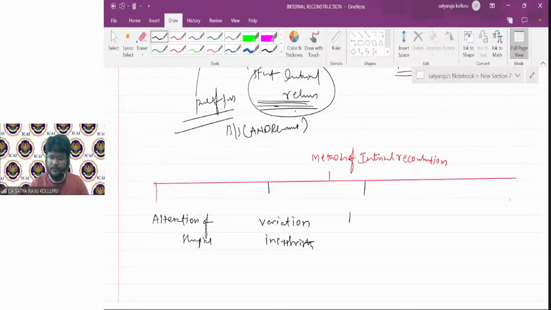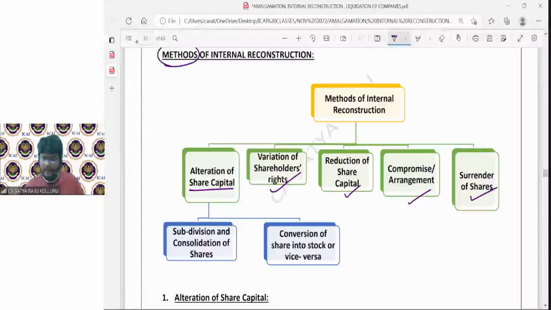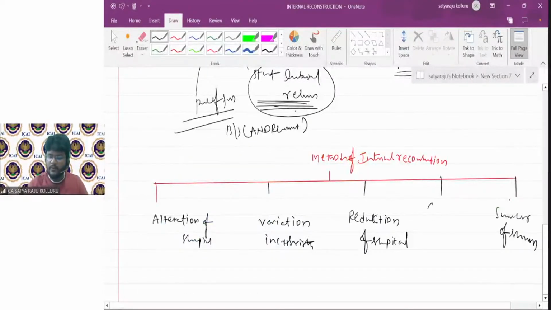Then we've seen reduction of share capital, surrender of shares. Total five now we've seen. Compromise or arrangement, which is very, very important.